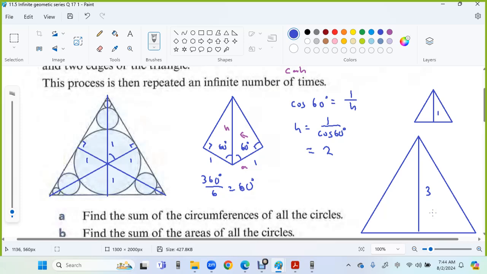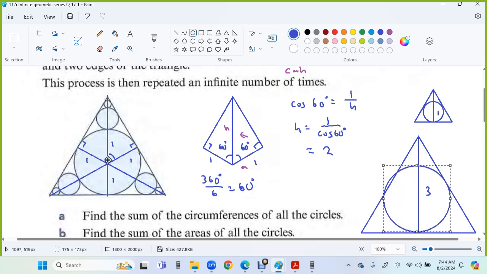So the circle inside, this one is the circle inside. Over here, we have an R, and then the circle inside here, we have another R here. So for this one, we have the radius here, and this one we have the radius here.